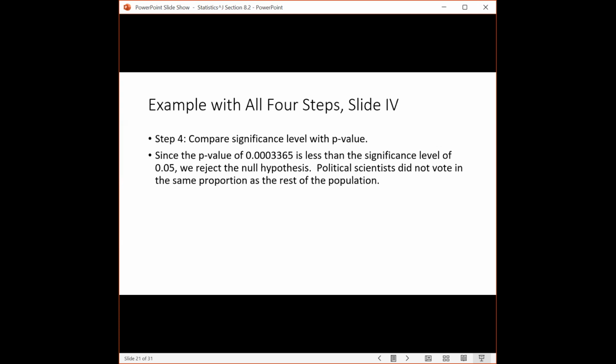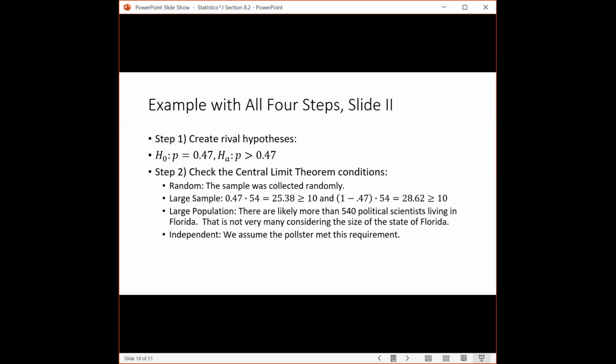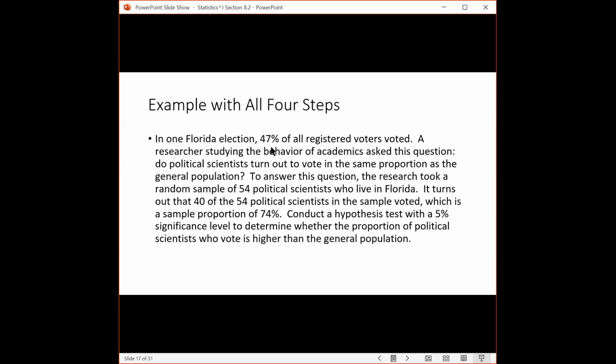So if we assume the political scientists vote at 47% and then 74% actually vote, then that suggests that 47% is wrong. There's a very small probability that you would randomly get a group of 74% who vote when the actual percentage is 47%.